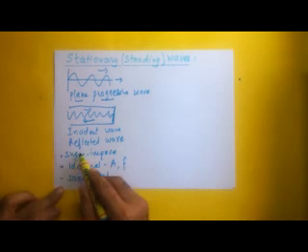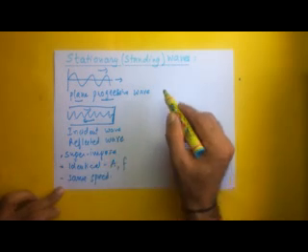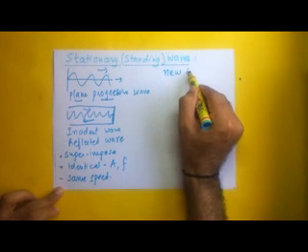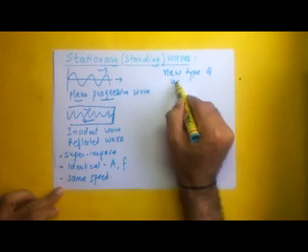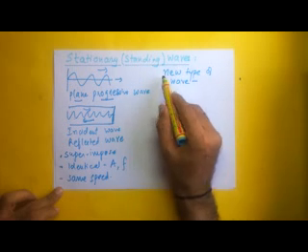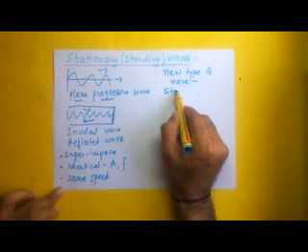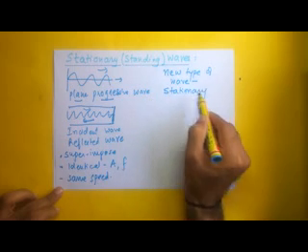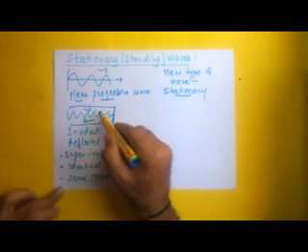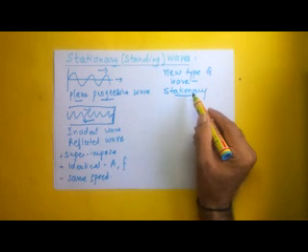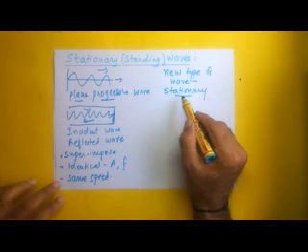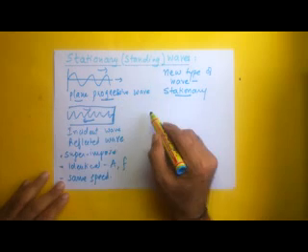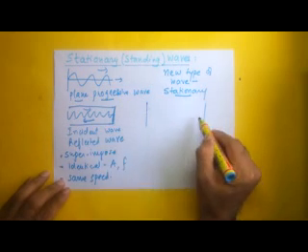Now, when this happens, what we observe is that a new type of wave is produced. This new type of wave is stationary in nature, meaning that if you look at this particular wave, it will give you the impression that the wave is not progressing, it's stationary.